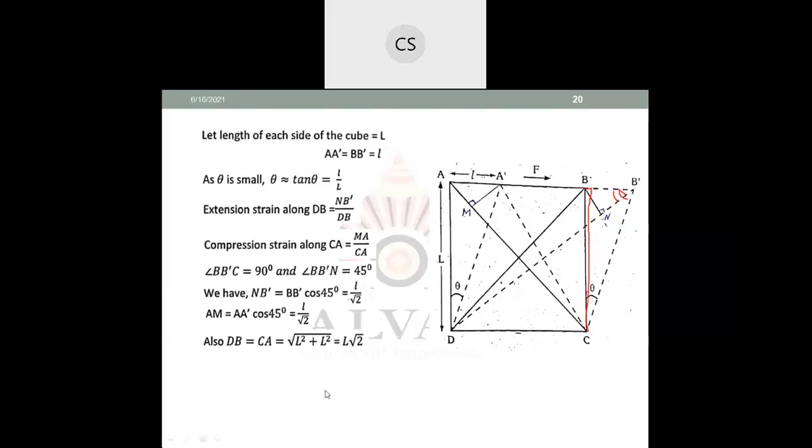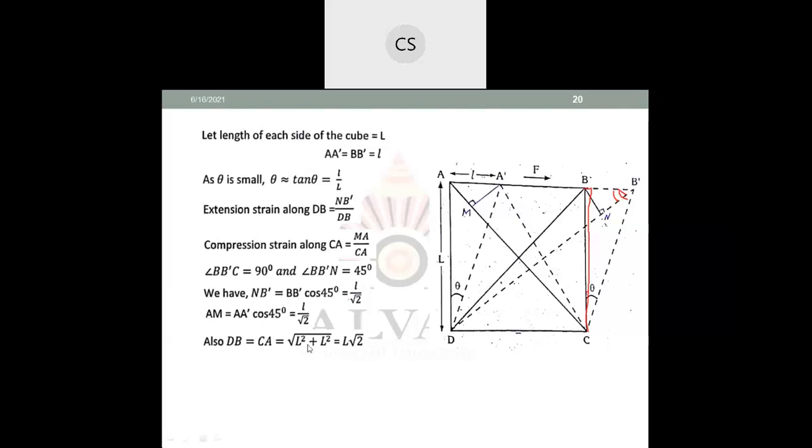Now, what you can see is DB. DB is a diagonal before deforming. CA is also a diagonal before deforming. What is the length of the diagonal? DB and CA are equal, because it is a cube.